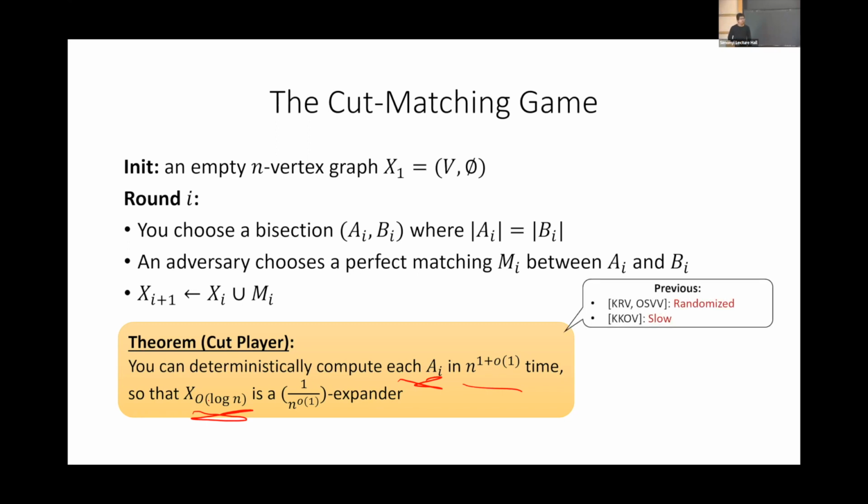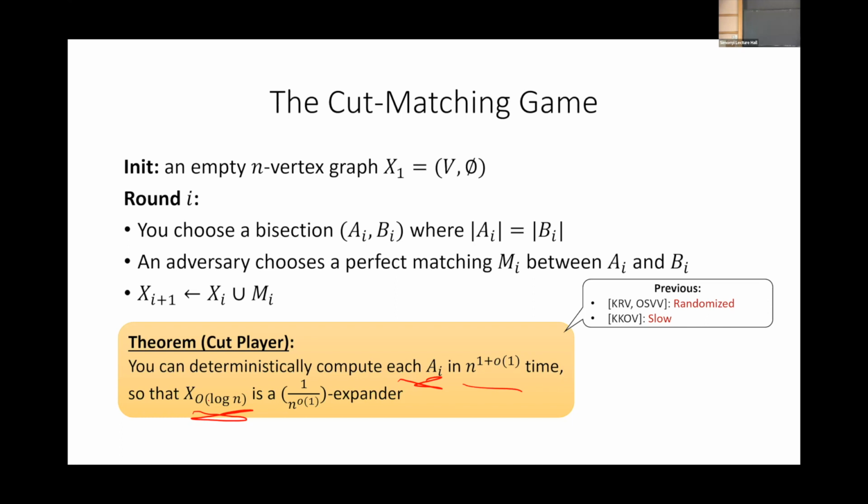And this is not new in the following sense: if you allow yourself to be randomized, there is a fast algorithm, near linear, like n log squared, such that you get a 1/log expander. If you want to be deterministic and slow, you can do it too.